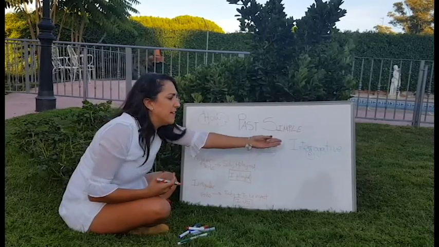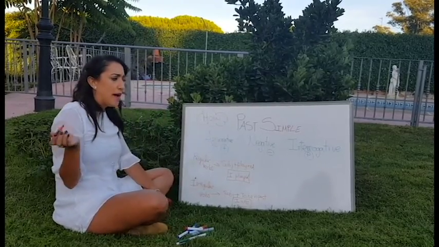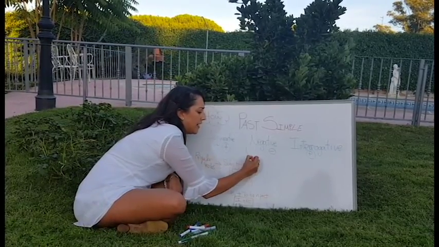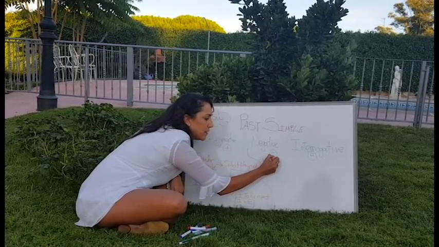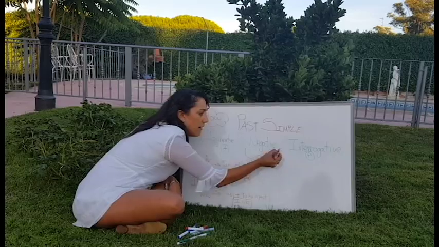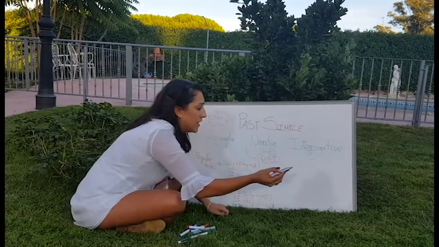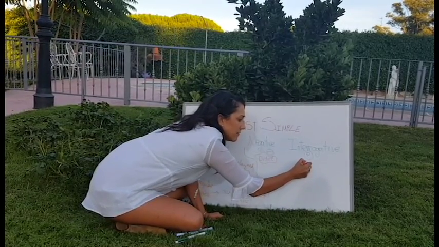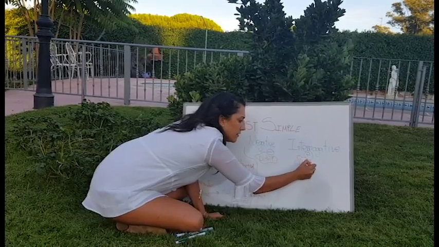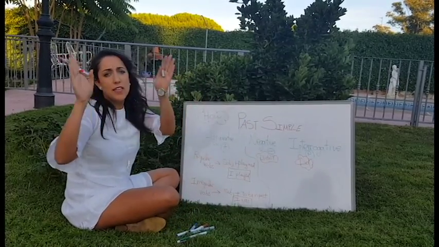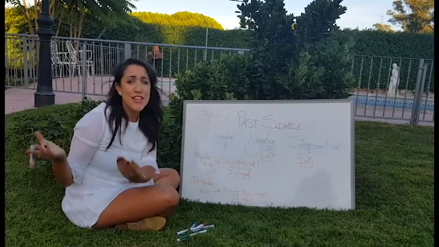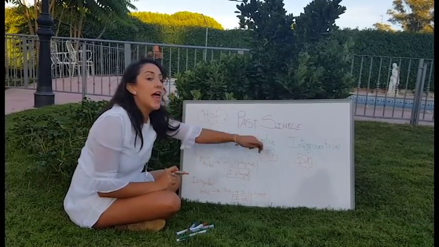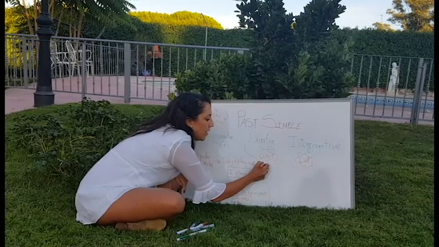That's the affirmative. It's a little bit complicated. However, in the negative and interrogative, we need to bear in mind only the auxiliary. That is, here, didn't, and in the interrogative part is did. That's it. Didn't, did. Didn't for the negative, did for the interrogative. So, didn't, an example.